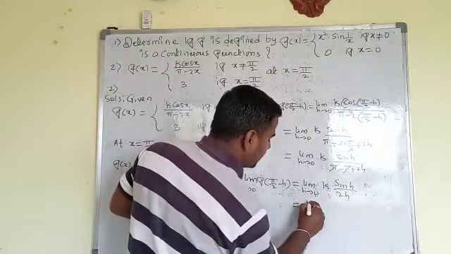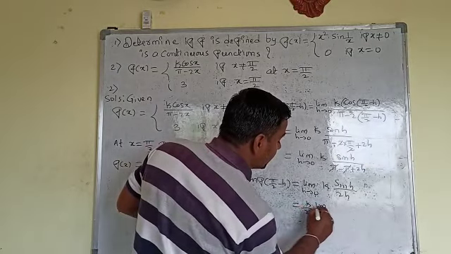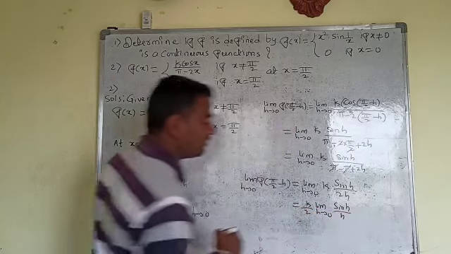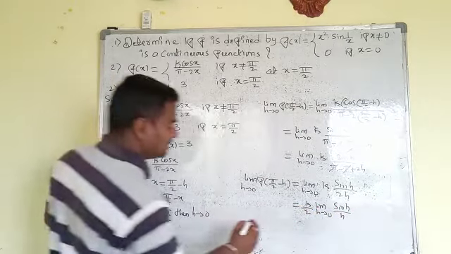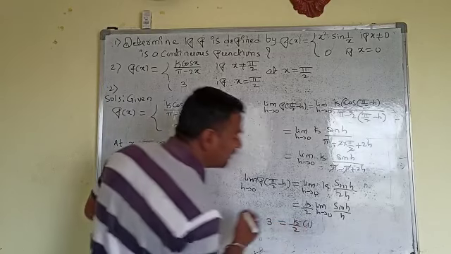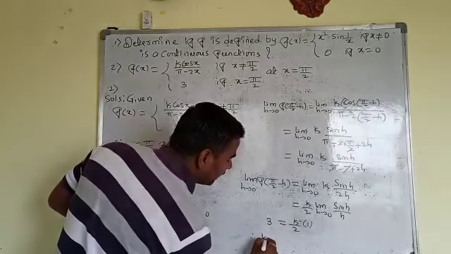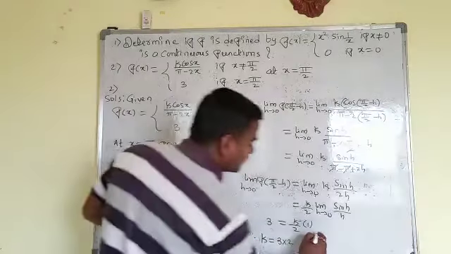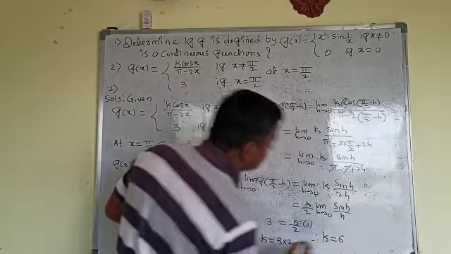Lastly, you can take k by 2 outside, limit h tends to 0 of sin h by h, right? Obviously this is 3, k by 2, this is 1. Therefore the k value is 3 into 2, k value is 6.